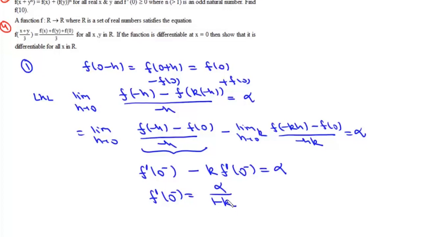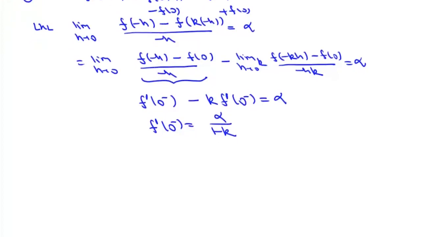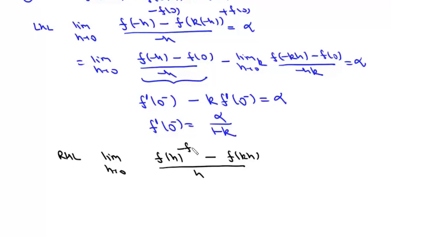Then in the same way we'll find its right hand limit. For this right hand limit, we can write limit h tends to 0 of f h minus f kh upon h. Now we'll subtract f 0 and add f 0, and this is equal to alpha.